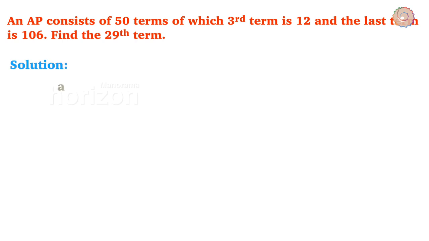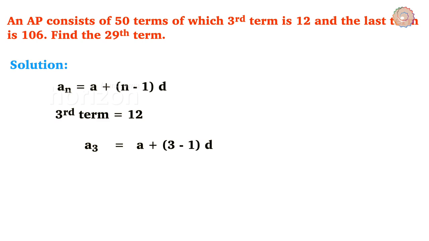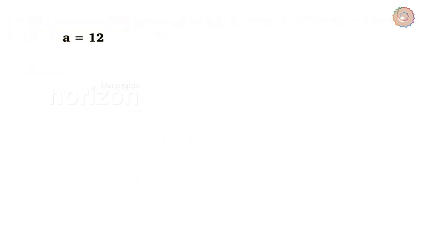Solution. We know that a_n is equal to a plus (n minus 1) into d. Given the third term is equal to 12, so a_3 is equal to a plus (3 minus 1) into d, that is 12 is equal to a plus 2d. Bringing 2d to the other side, we get a is equal to 12 minus 2d. Mark it as equation number 1.